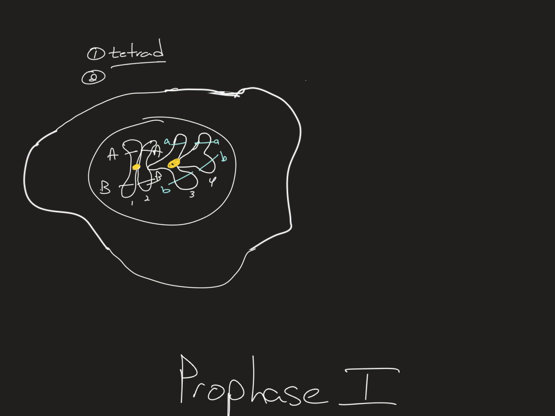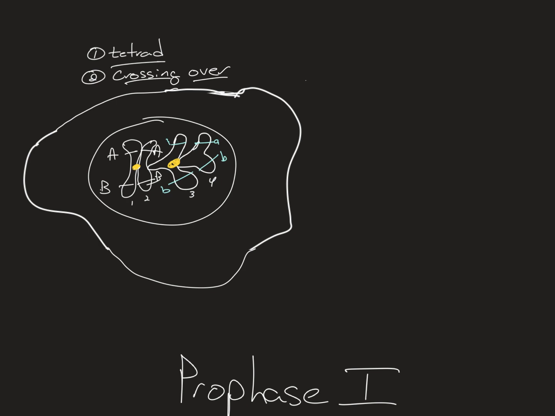And then 2 is they do crossing over. All right, so they cross over. What does that mean? That means wherever these chromosomes touch, the sister chromatids touch, they break and switch their sequences.